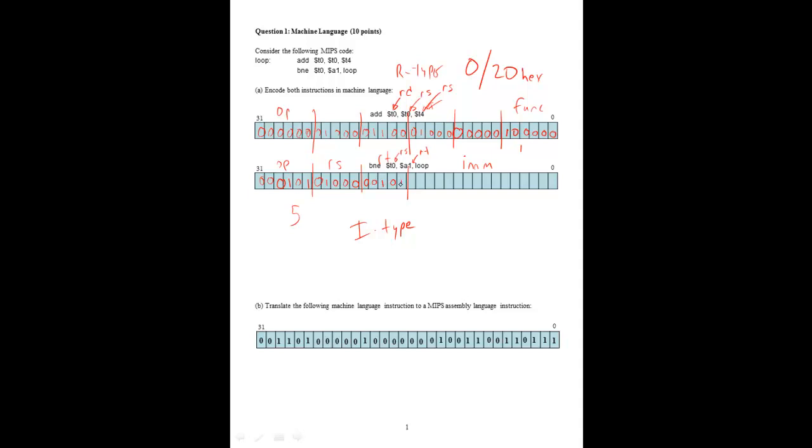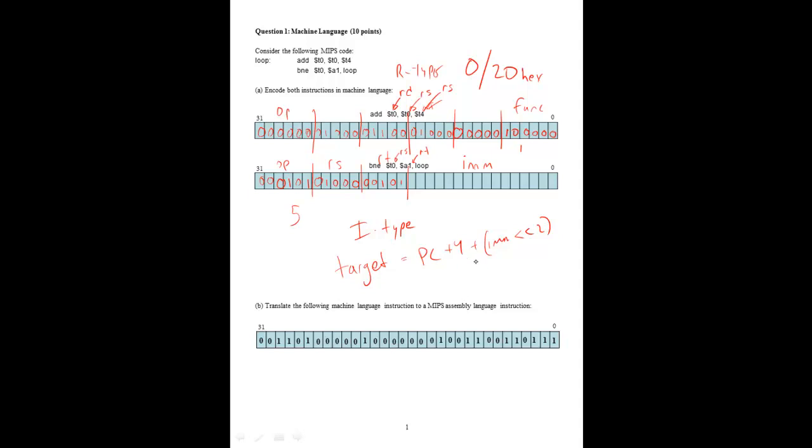So that brings us to the small point of encoding the immediate. Again, for branch instructions, the target is computed as the current PC plus 4 plus this immediate, I guess the immediate shifted by 2.